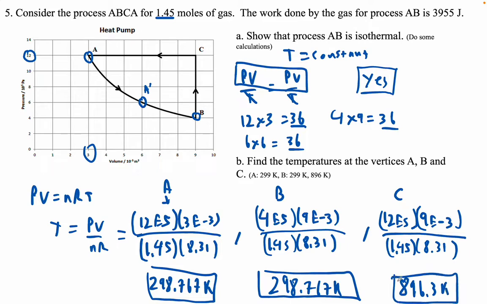I'm going to store that in alpha C. And I'm going to store the 298 guy in alpha A. Okay, so now let me just show you something, right? If you take this number and go times 3, you get exactly the same number, okay? So you could use just eyeballing it, right? This is 3, this is 6, this is 9. Or you can use the ideal gas law. Those are two ways to do the same thing.